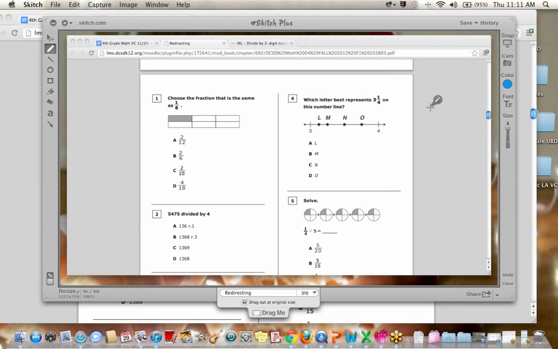Okay, there's my picture. So obviously 3.5 is right about here. That's 3.5. So 3 and 1/4, probably right there. 3 and 3/4 would be right there. So which letter, guys, would represent 3 and 1/4 the best? M. That's correct.